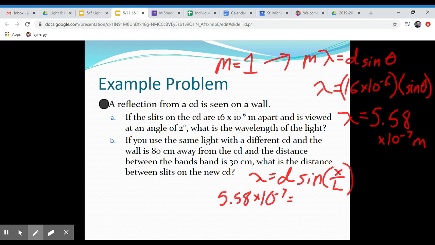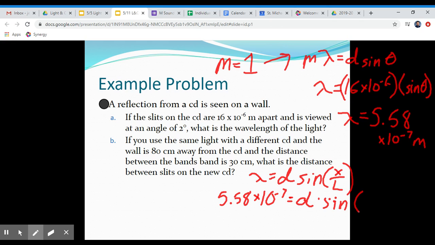Remember, that's in meters, is equal to d, which is actually what we're going to be solving for, because we're trying to figure out what is the distance between those slits on the new CD. Then we're going to multiply that by sine of x over L. Well, now let's think of what x is and what L is.